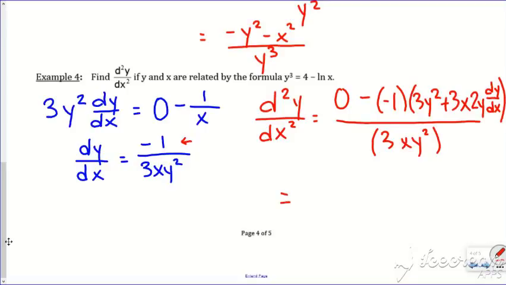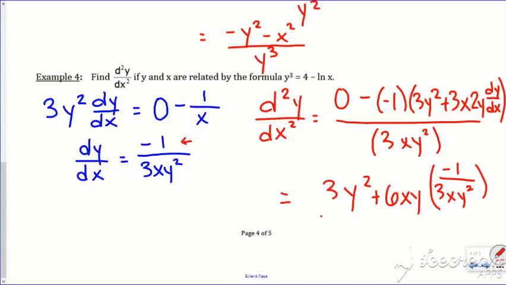So our final answer is going to be 3y squared plus 6xy, I'll simplify that a little bit, times negative 1 over 3xy squared, over, oh, I forgot about squared here earlier, 3xy squared squared.